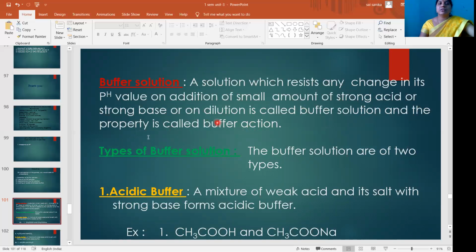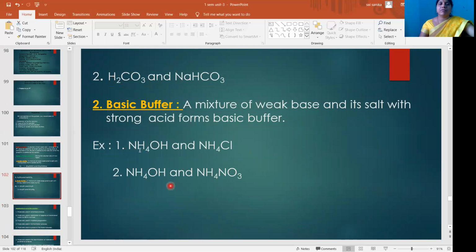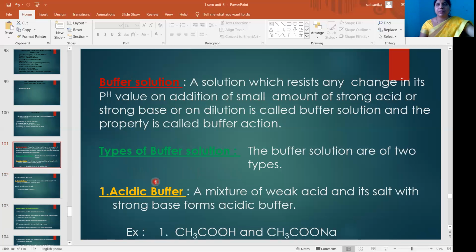This buffer solution is again classified into two types. First one, acidic buffer, and second one is basic buffer. First we will see acidic buffer. What is acidic buffer? A mixture of weak acid and its salt with a strong base forms acidic buffer.